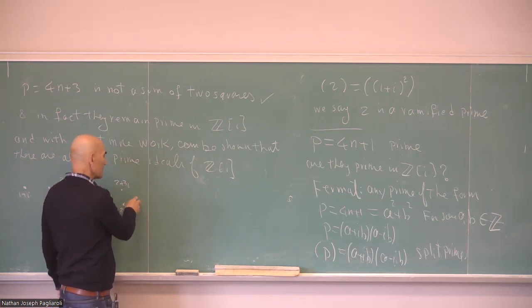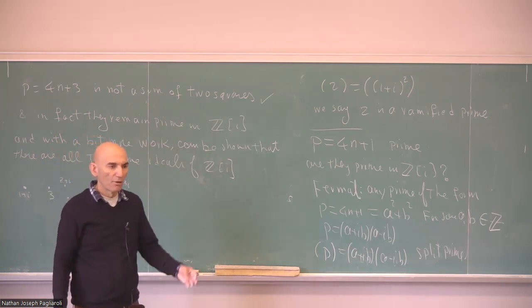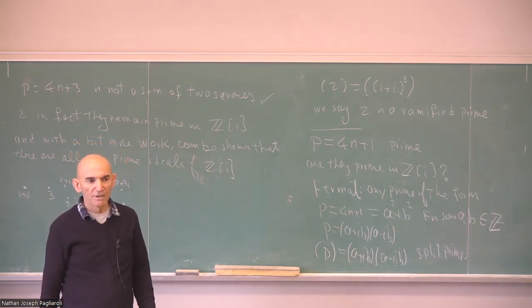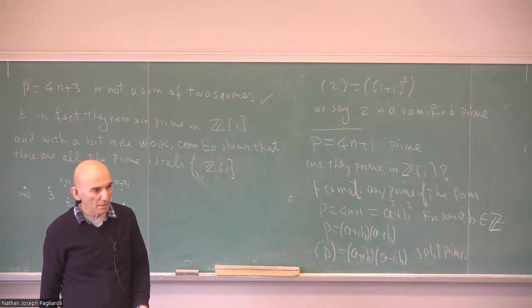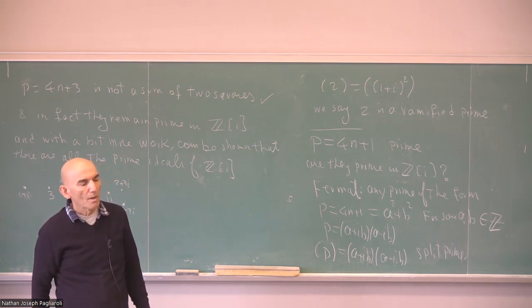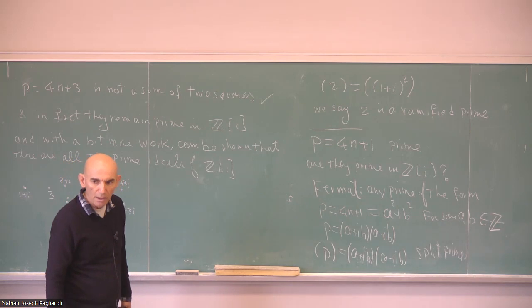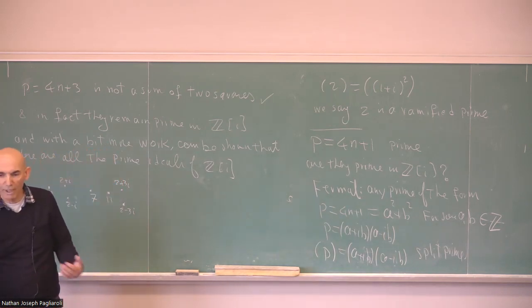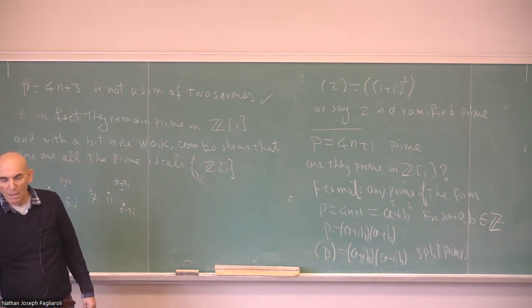So what about the next one? After 13, 14 is not a prime, 15 is not, 16 is not. What about 17? 17 is 4n plus 1, 16 plus 1, so it is not a prime. How can you decompose 17?